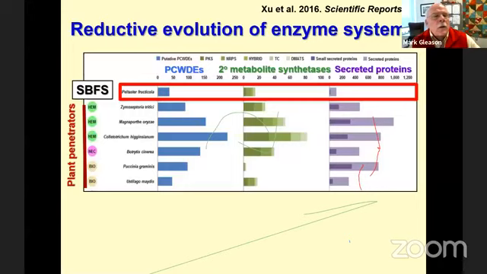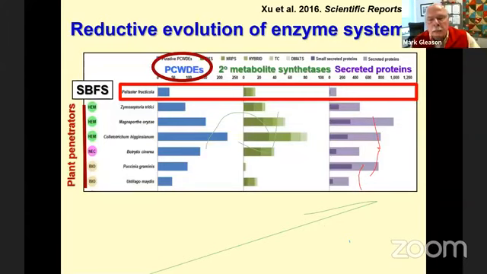The rest of them are classic plant penetrators: Zymoseptoria, Magnaporthe, Colletotrichum. Those are your classic penetrating plant pathogens. And here are some biotrophs down here, a necrotroph, a hemibiotroph. But sooty blotch and flyspeck, when you look at the categories of plant-invading enzymes, are very, very poorly provided with those gene systems anymore.